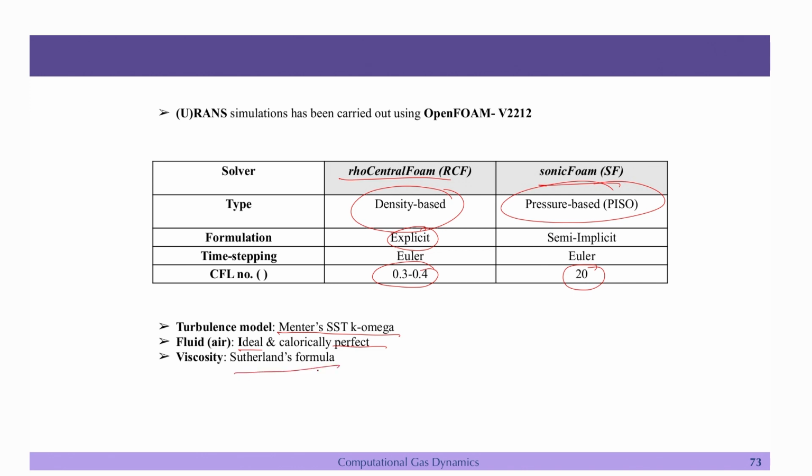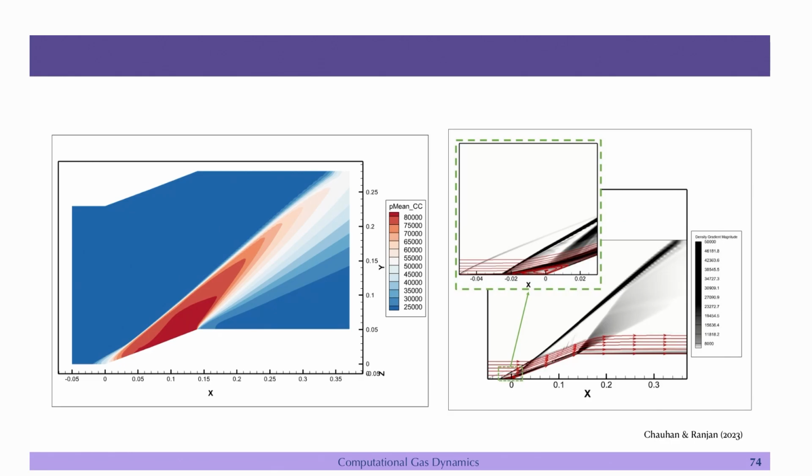I have not emphasized this earlier: the viscosity also changes with temperature, and in compressible flow you need to ensure that, and this usually goes as mu proportional to square root of T. You need to make sure that you are taking care of that. These are very common laws available in the literature.